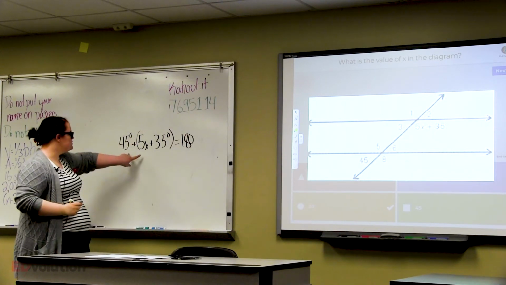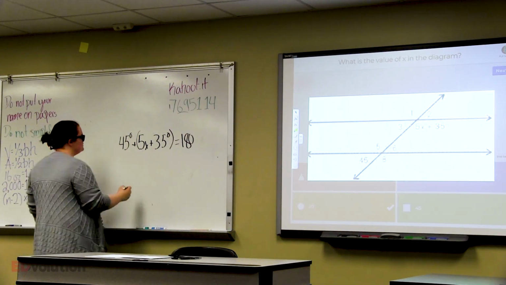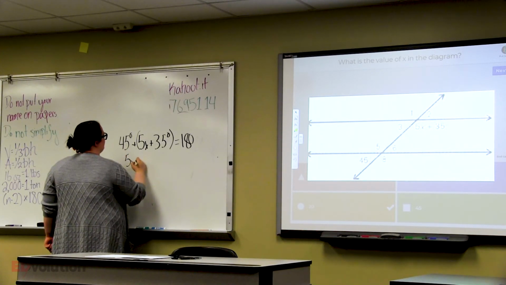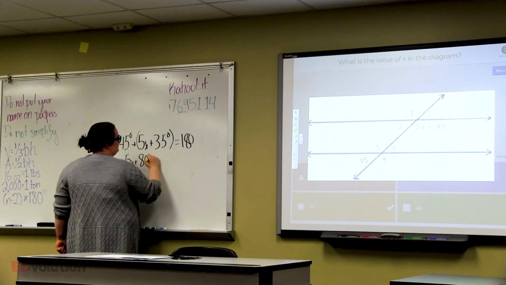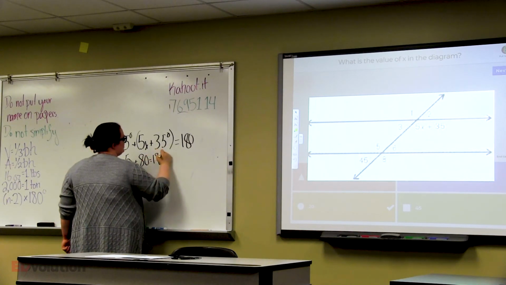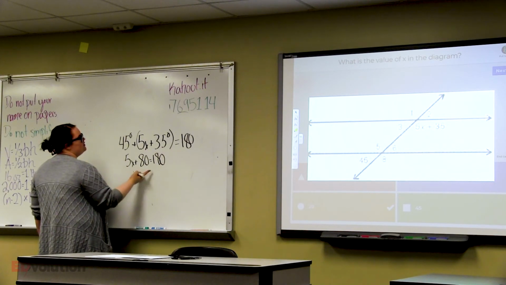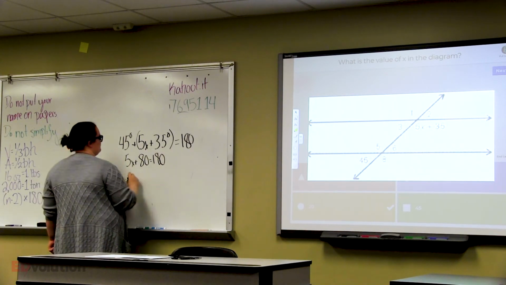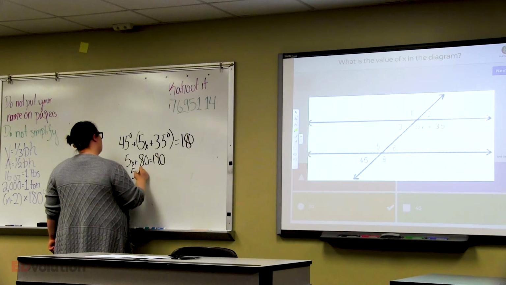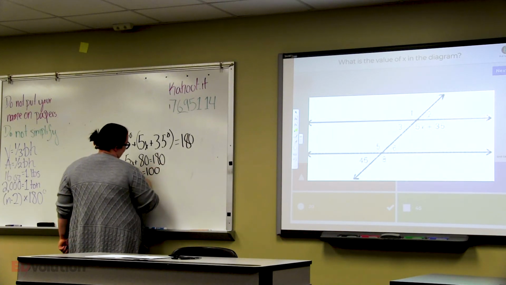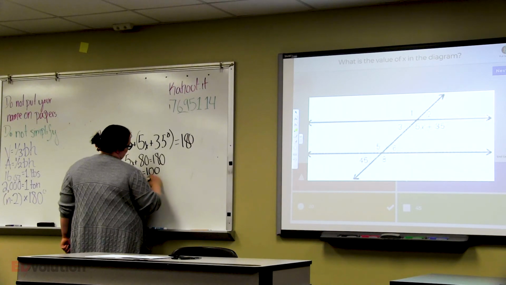First we would gather our like terms. We'd have 5x plus 80 equals 180. To undo this addition, we would subtract from each side, giving us 5x equals 100, and x would equal 20 degrees.